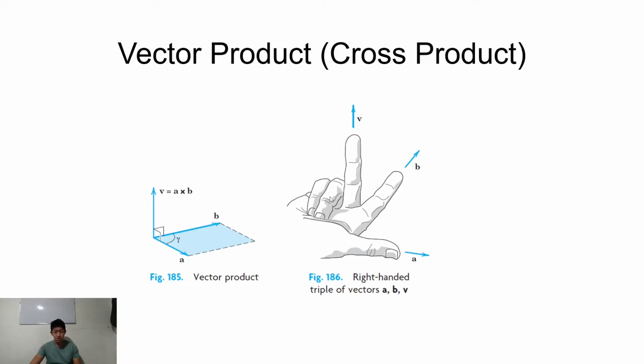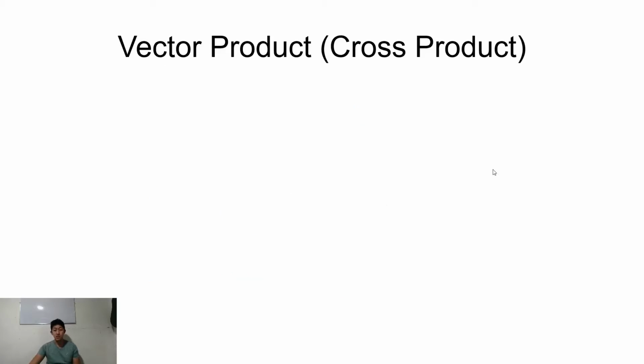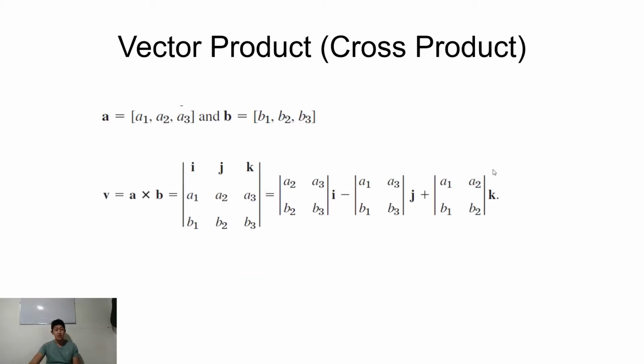To visualize this, you can use your right hand. A cross B has the resulting vector going upward. This is how you compute the cross product of two vectors.